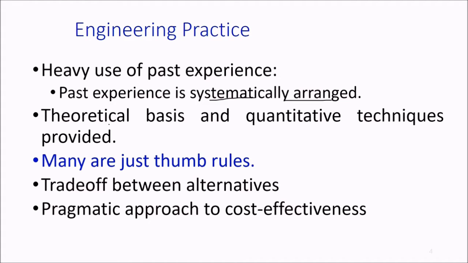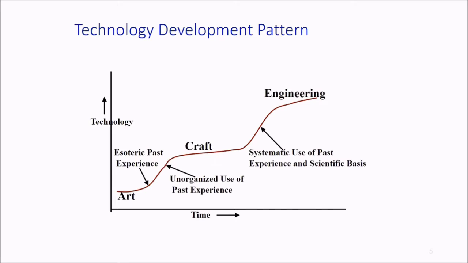Theoretical basis and quantitative techniques are also there and still developing, and some of them are just thumb rules. We have different alternatives, so there has to be a trade-off between these alternatives. It is also a pragmatic approach to cost effectiveness. We want our software to be built in time, before schedule, and also to be cost beneficial.